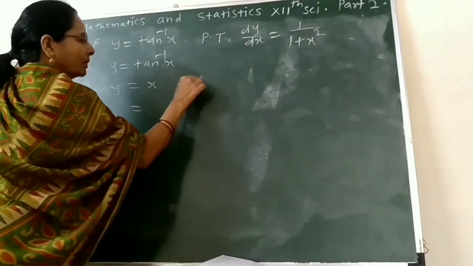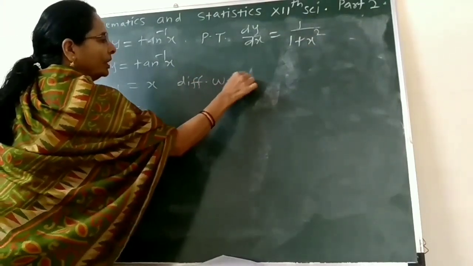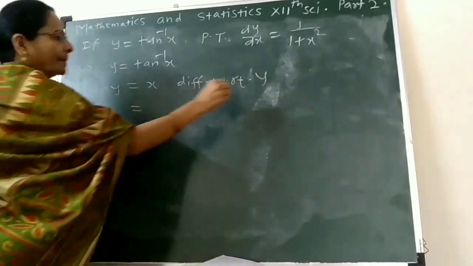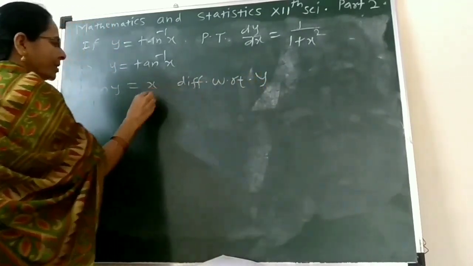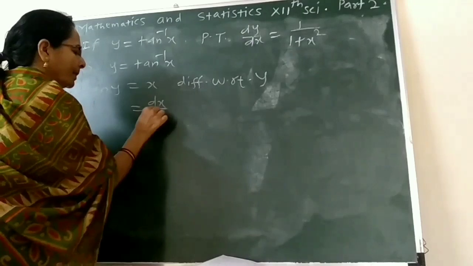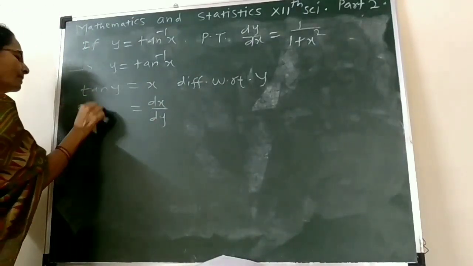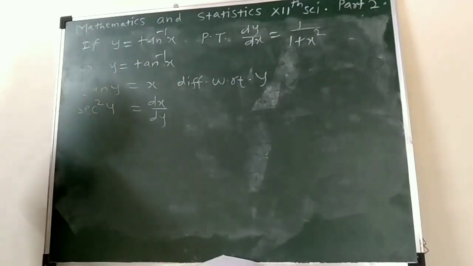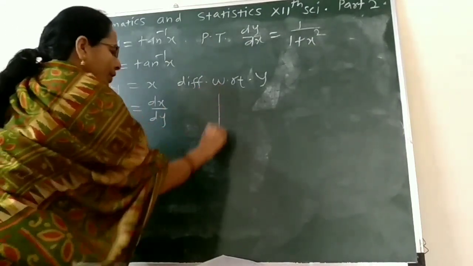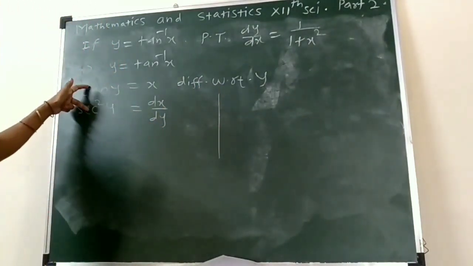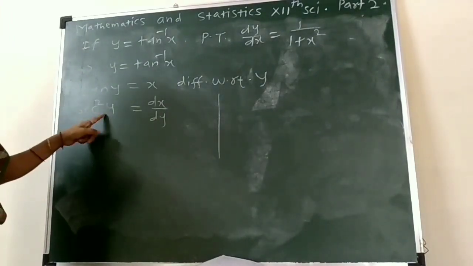Differentiate with respect to y, dx by dy, tan y derivative is sec square y.